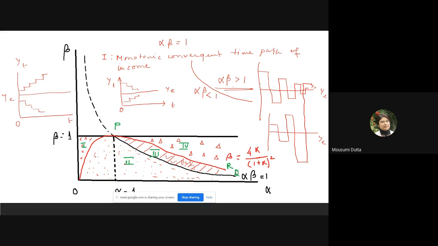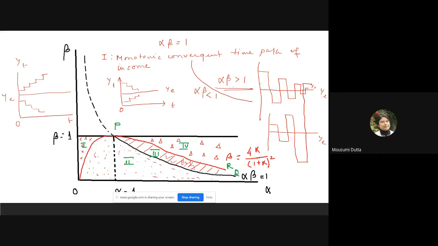Can you tell me what will be the nature of the time path then? Uniform. Please try. Ma'am, uniform. Uniform oscillations.